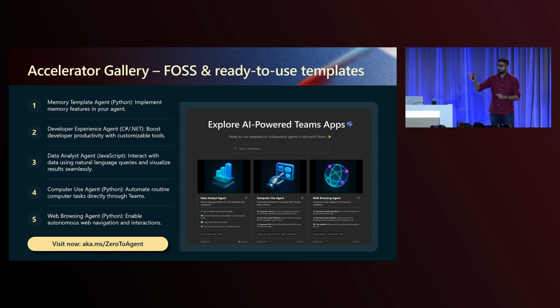They encompass a lot of day-to-day scenarios like dev experiences and customer service, but also include things like memory and MCP, that you can use to simplify your time to production. These templates are written in popular languages like .NET and JavaScript, and come with detailed documentation that you can use to adapt to your scenario.